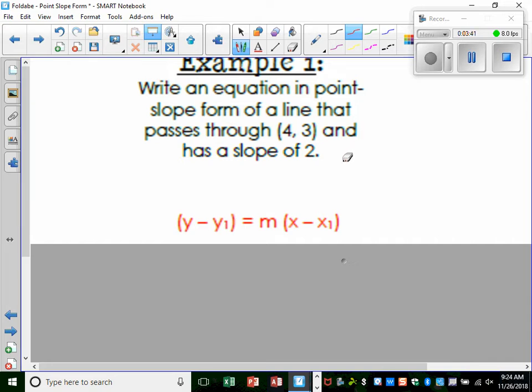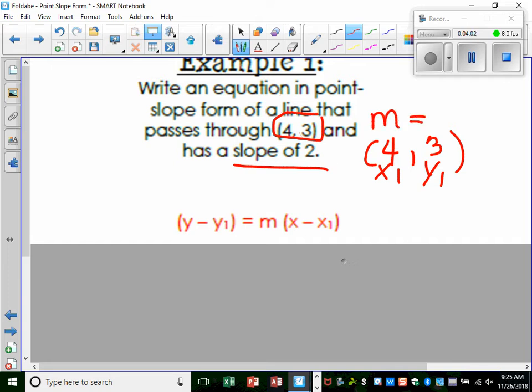If you're given the point and slope, just like if you were given the slope and y-intercept, it's very easy to tell where the numbers go. So we're going to take this point here, we're going to call it x1, y1, and our slope we already know is called m. So we have everything we need to know. We don't even have to find anything.